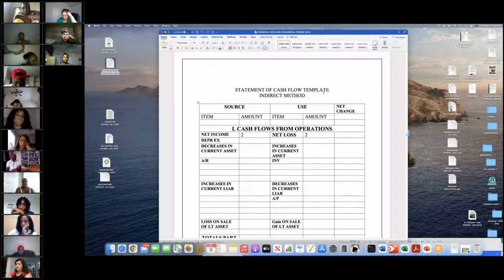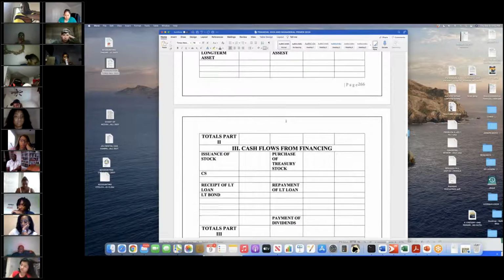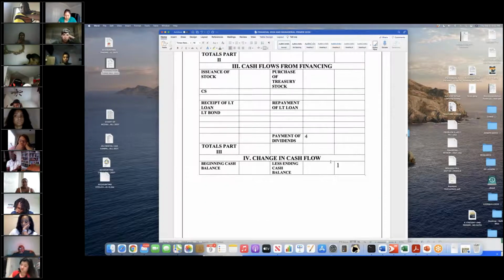So you got part of the operation done. The third thing I want you to do is to put in your depreciation, which is a non-cash item. Then the fourth thing I want you to do is to put in the dividend. So you don't have to be frustrated, okay? Go and you determine what the change in cash is.